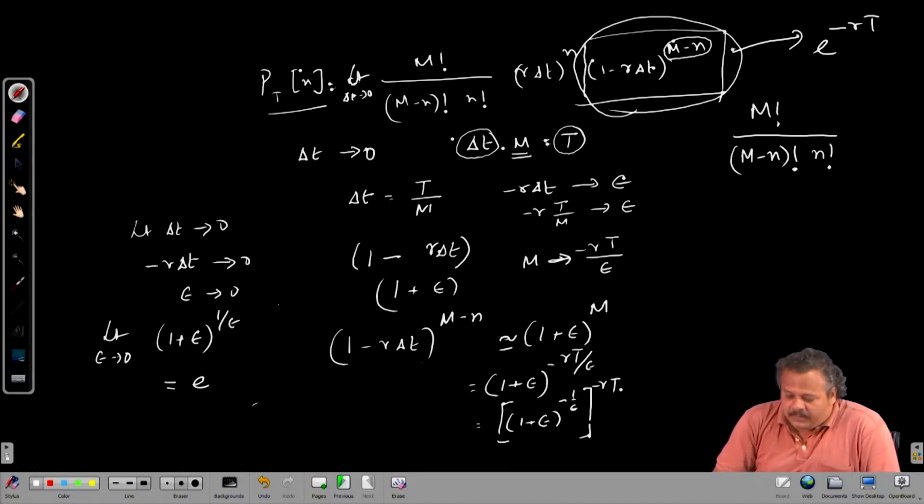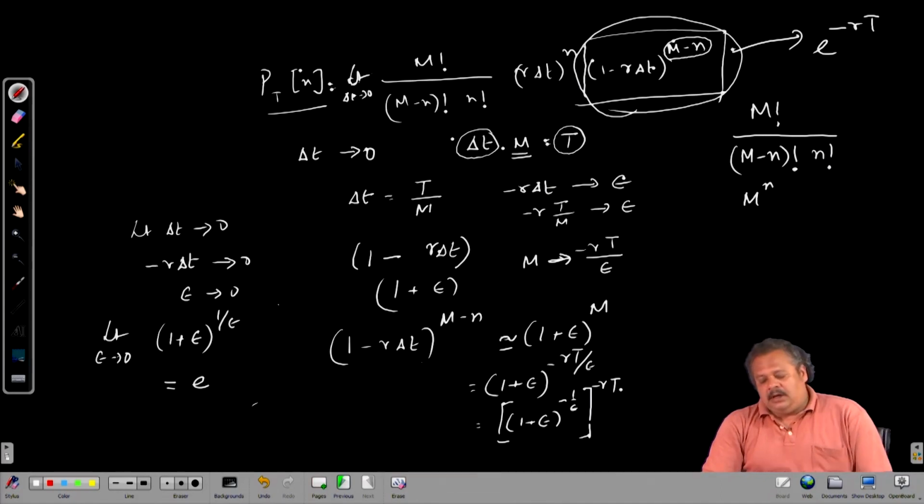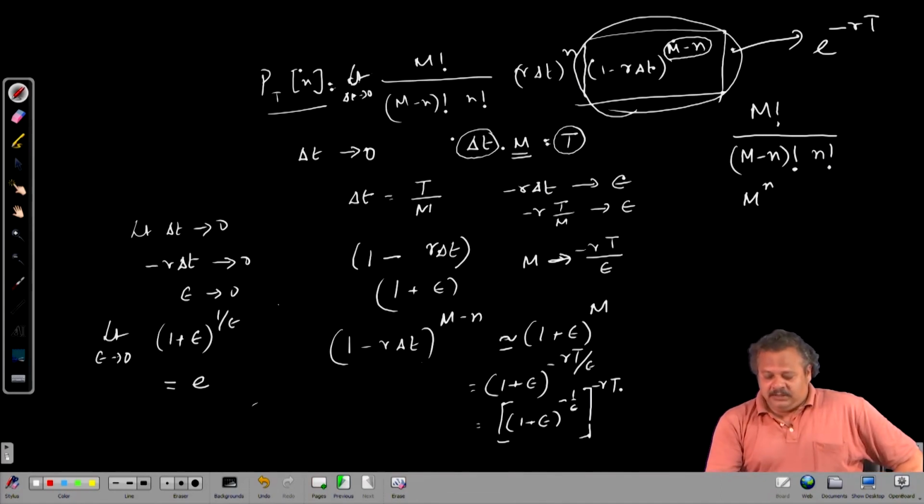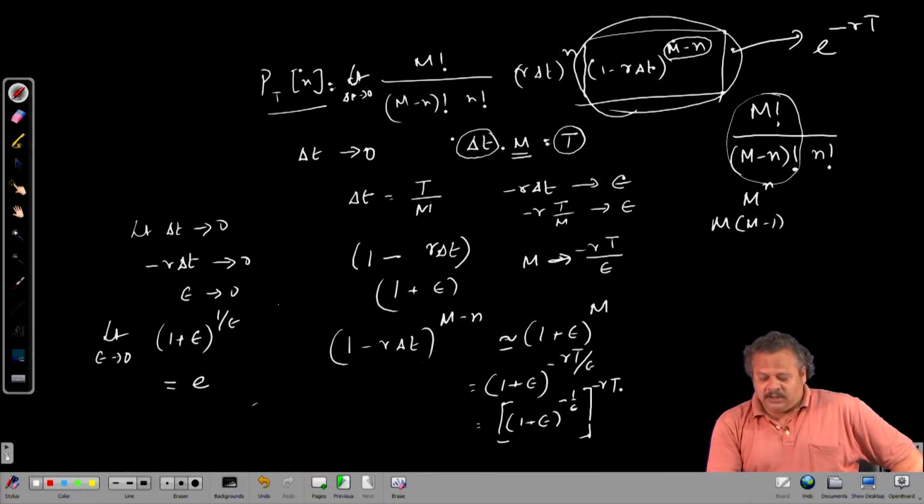Since m factorial by m minus n factorial can be replaced by m to the power n, because this whole term together turns out to be m into m minus 1 like this, and there are n terms up to m minus n plus 1.